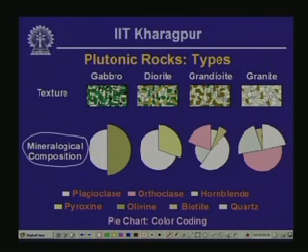Now here also you can see that we have got a very wide range of mineralogical composition. The rocks towards the left of this slide, gabbro for instance, are composed of primarily dark colored minerals. One of the chief components is olivine, and you also have got plagioclase in this case.